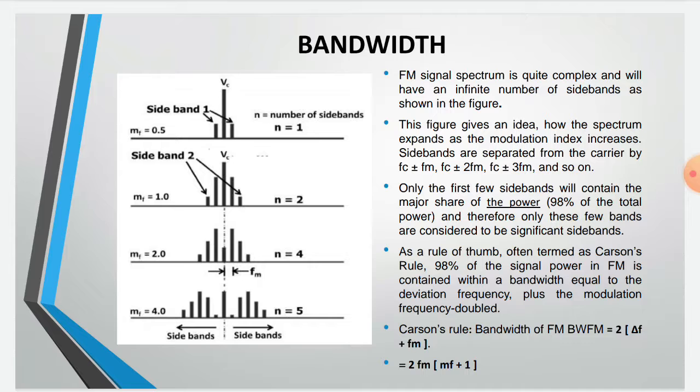As a rule of thumb, often termed Carson's rule, 98% of the signal power in FM is contained within a bandwidth equal to the deviation frequency plus the modulation frequency, doubled. Carson's rule: bandwidth of FM, BW FM, is equal to 2 delta f plus fm, which is equal to 2 fm times mf plus 1.